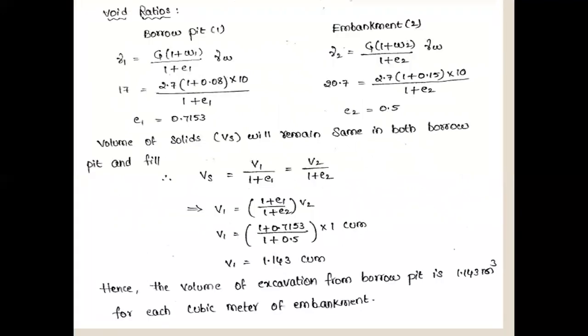Next one, void ratios in borrow pit and embankment. Gamma 1 equal to G into 1 plus water content W1 divided by 1 plus void ratio E1, into gamma W, unit weight of the water.